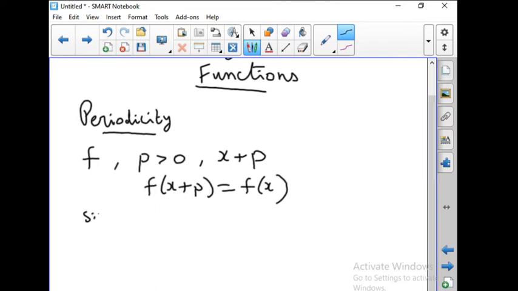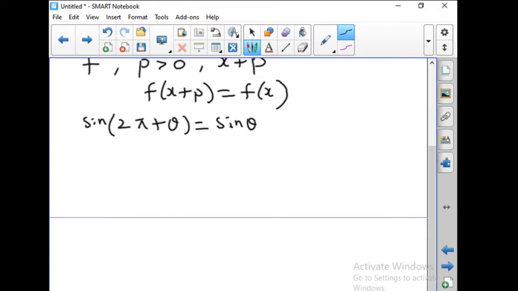Example, take sine. Sine of 2 pi plus theta is equal to sine theta. How do you get that? 2 pi plus theta lies in the first quadrant, where all trigonometric functions are positive, and 2 pi is an even multiple, so we write sine as it is.